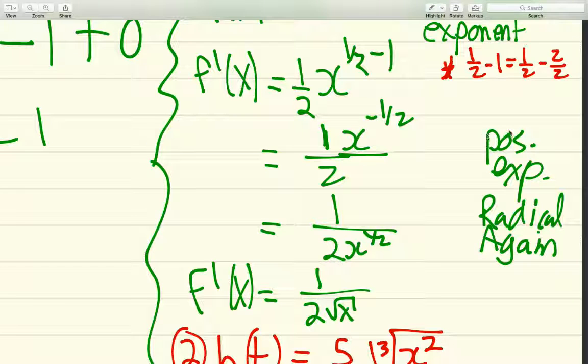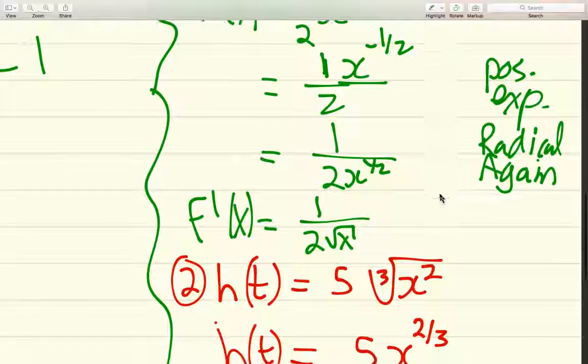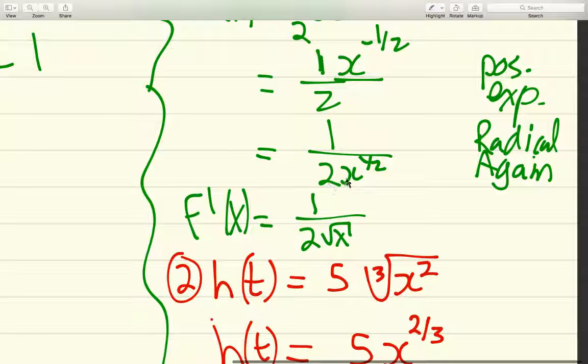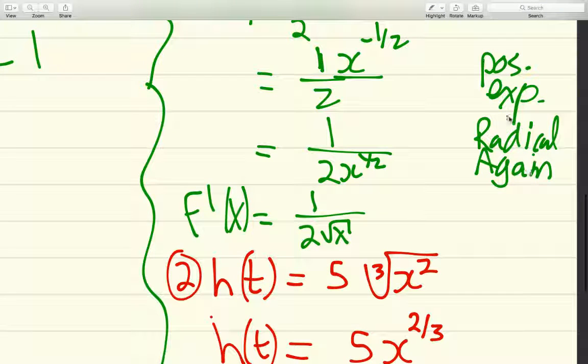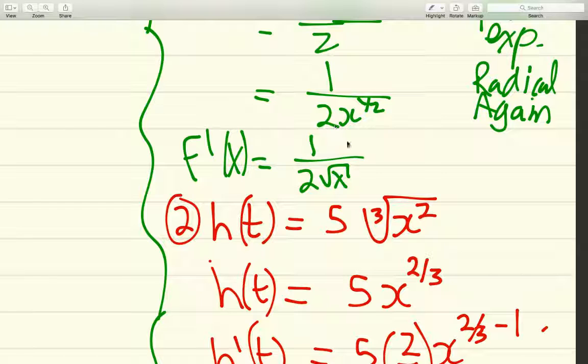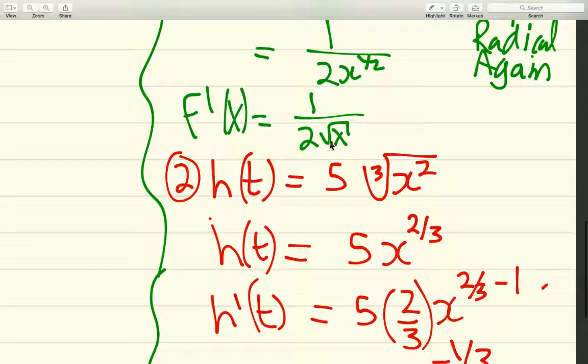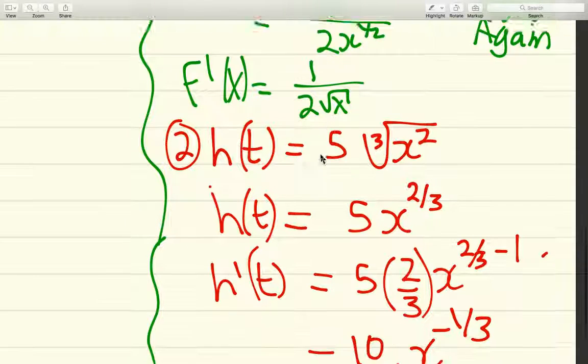Now we rewrite as a positive exponent. So that becomes 1 over 2x to the 1/2 in the denominator. Final answer is to put it back into a radical like you started with. X to the 1/2 is root of x, but it stays in the denominator. So now your derivative of root x is 1 over 2 root x.